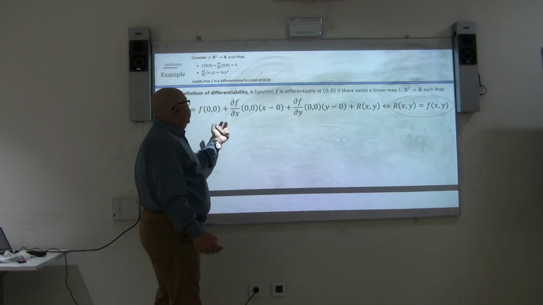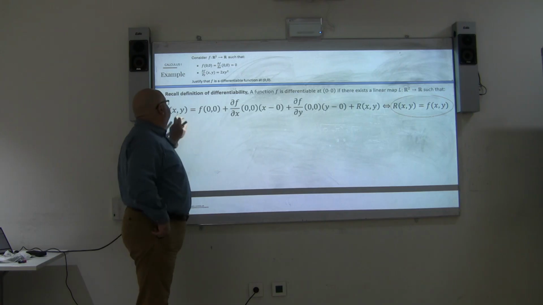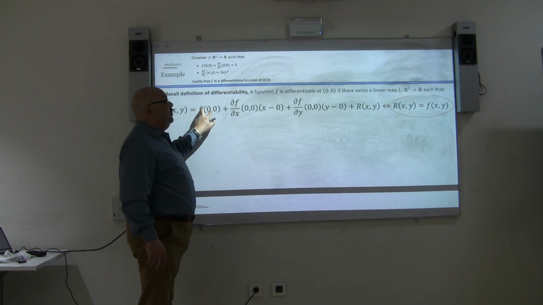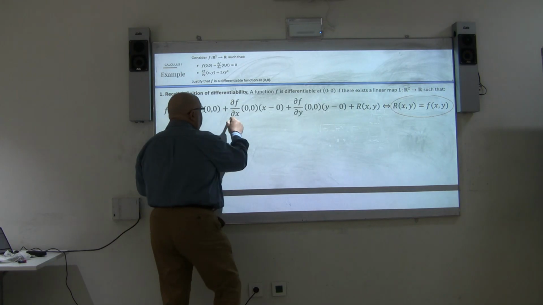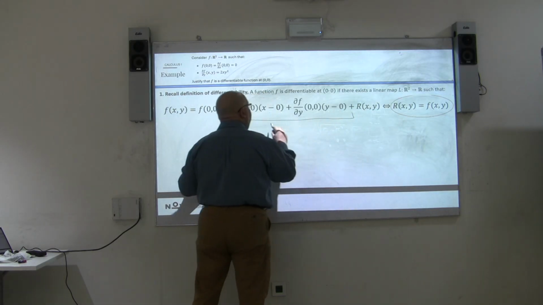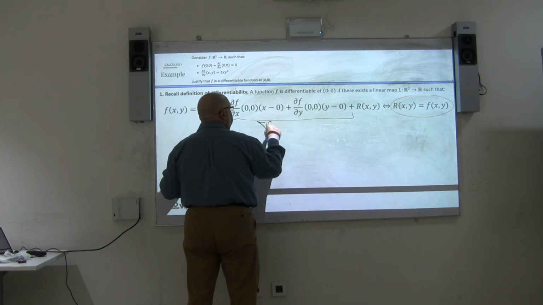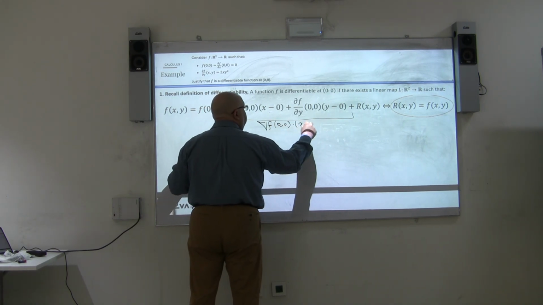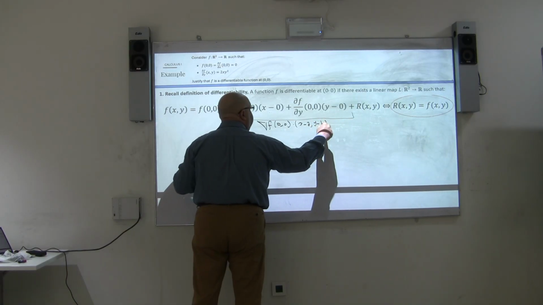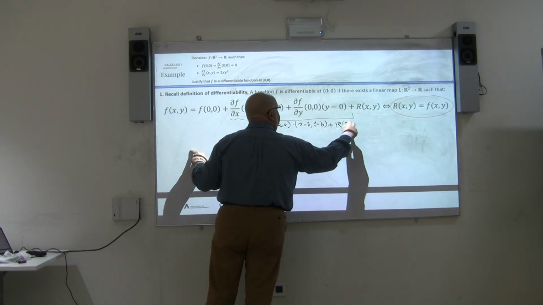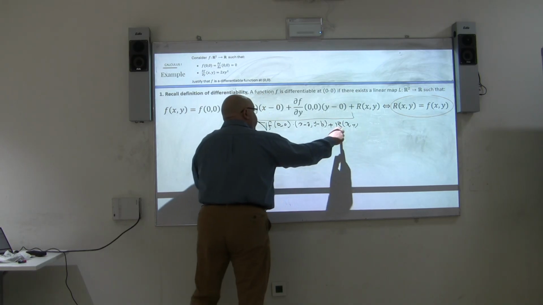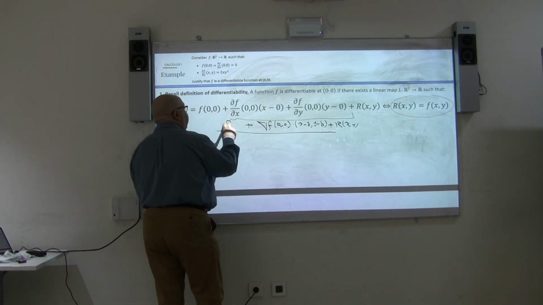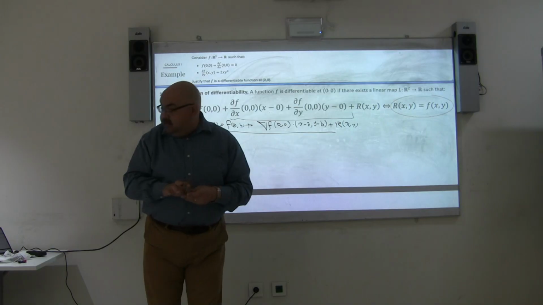If you don't remember, this is the relation that I'm using: f of x and y equals the value of the function at the origin, plus the gradient vector of f at the origin dot (x minus a, y minus b), plus a remainder term r of x and y. So this is f at a and b plus the rest, and this is f of x and y, the general condition for differentiability.